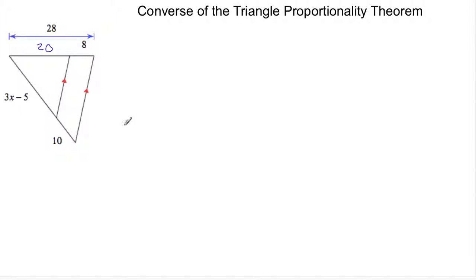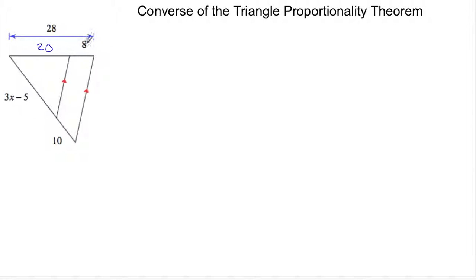Because these are going to be similar triangles, you can see this triangle here and that triangle there, they overlap each other. You could break it apart as two different triangles, but that's a lot of extra steps. Instead, this theorem says, well, we can set up these proportional sides.